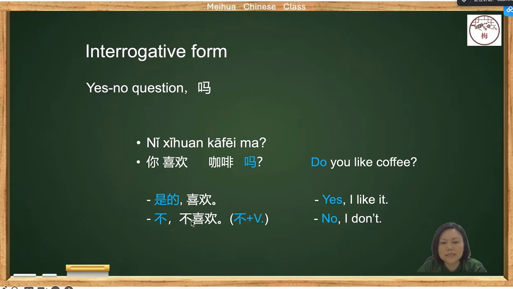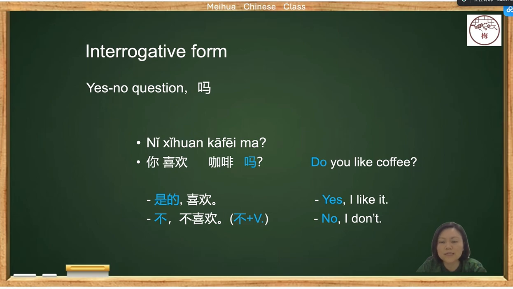Here, we just learned about the negative form, right? The rule is to add a 不 in front of the verb. 不喜欢, this is like a repetition. In English, we often say, no, I don't. And we often omit the verb here, right?